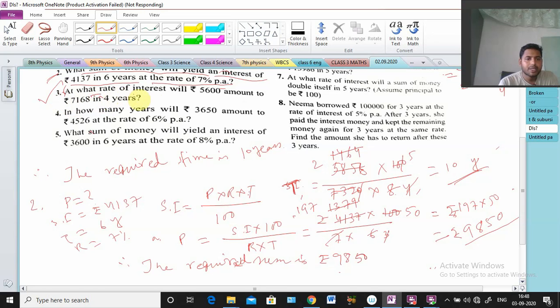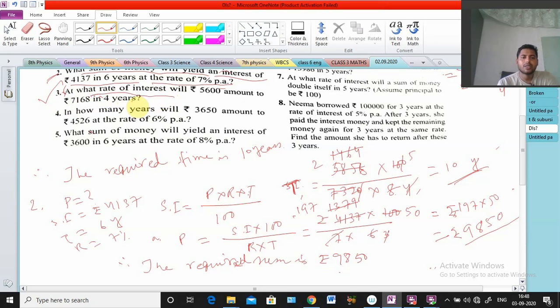See question number 3, read the question. At what rate of interest, means we find out R, will rupees 5600 amount to rupees 7168 in 4 years. Try to understand the question. Rupees 5600 is the principal. Amount 7168, that is the amount in 4 years.